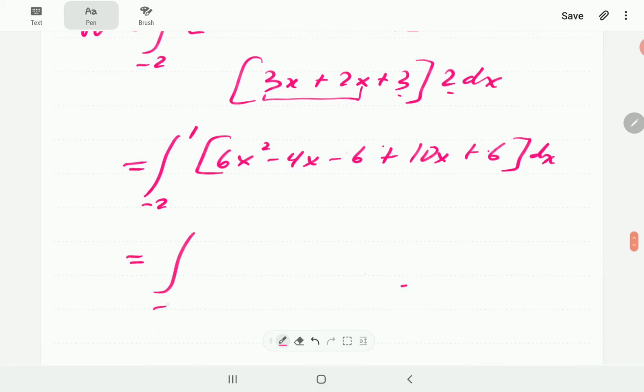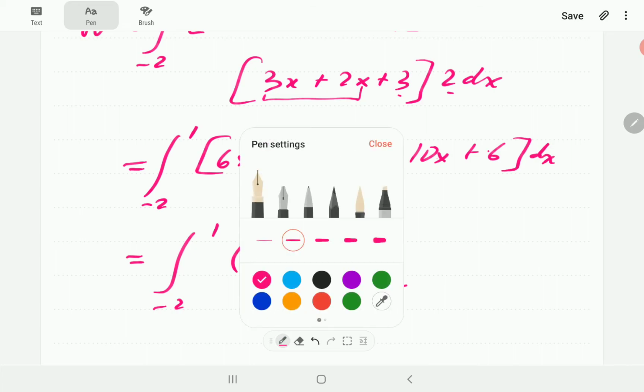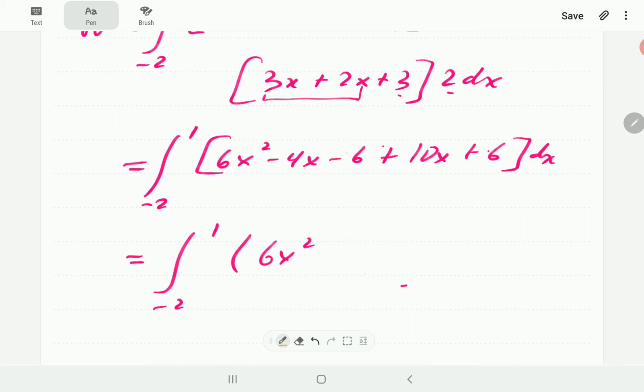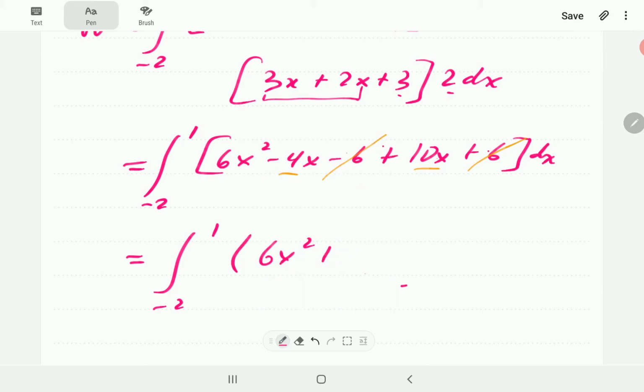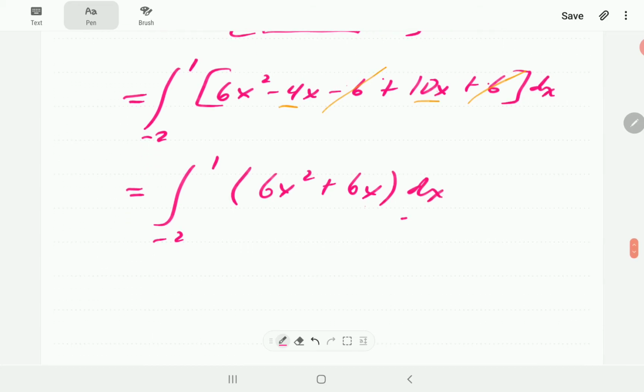And so this is going to be simply 6x squared. The 6 minus 6 and plus 6 is going to cancel out here. 10x minus 4x is 6x. So we're going to have 6x squared plus 6x dx.